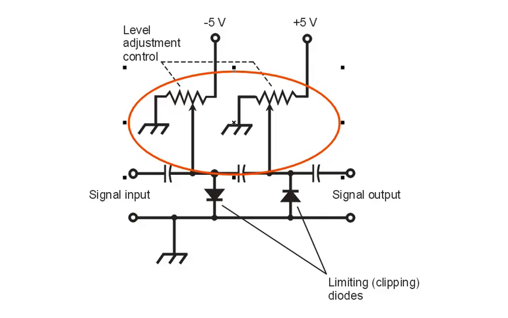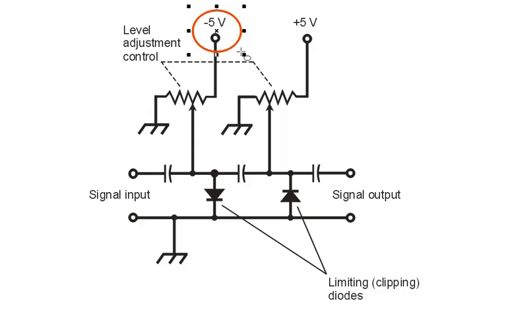But you will notice one of them goes to a negative polarity to clip the peaks in one direction. The other one goes to a positive polarity to clip the peaks in the other direction.